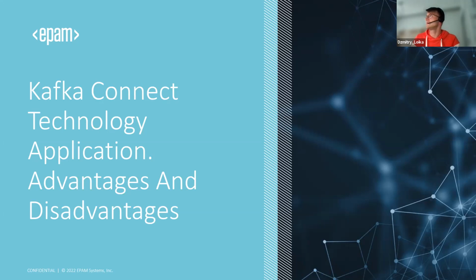And as you can see in this picture, the Dima, sorry, looks like we still see the main picture, Kafka Connect, just introduction. Could you please verify what's going on? Have you shared the right screen? Yes. Which screen do you see right now? The first one with the topic of the discussion, so nothing has changed. Could you please reshare your screen once again?